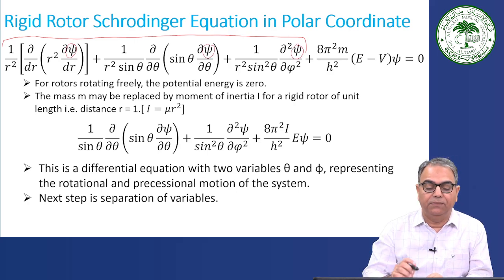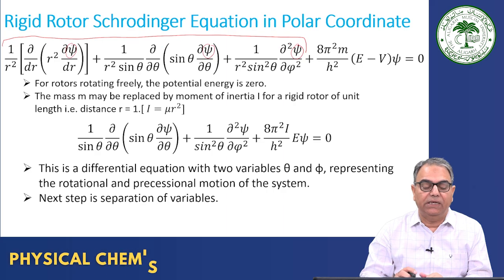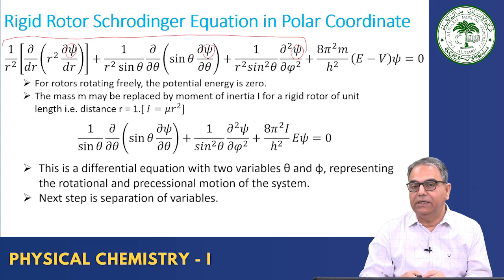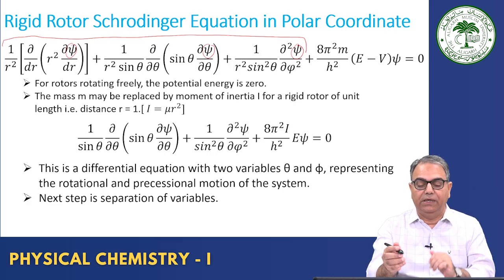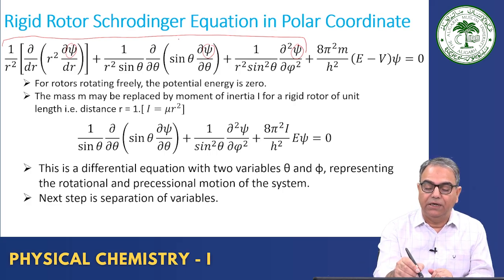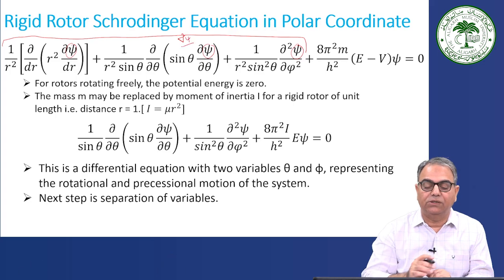The rest of the thing is the same. So, you have 1 by r squared del by del r of r squared del psi by del r, plus 1 by r squared sin theta del by del theta of sin theta del psi by del theta, plus 1 by r squared sin squared theta del squared psi by del phi squared. In the case of the Schrodinger wave equation in spherical polar coordinates, this was del squared psi. That's all.